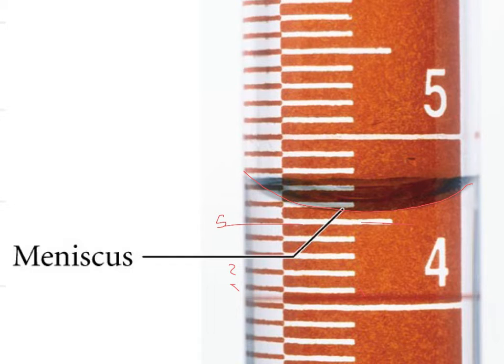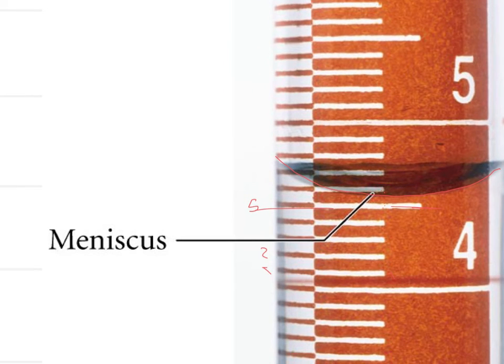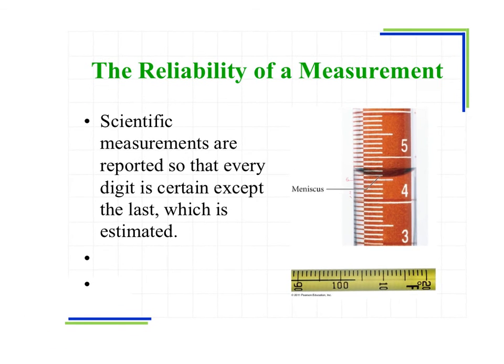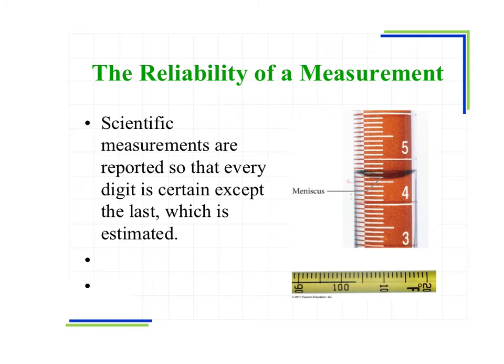You see the bottom of the meniscus is somewhere between 5 and 6, okay? So we know that, let me zoom it out. Oops, okay. So we know it's 4.5, but it's not 4.5, it's not 4.6, it's somewhere between 4.5 or 6.